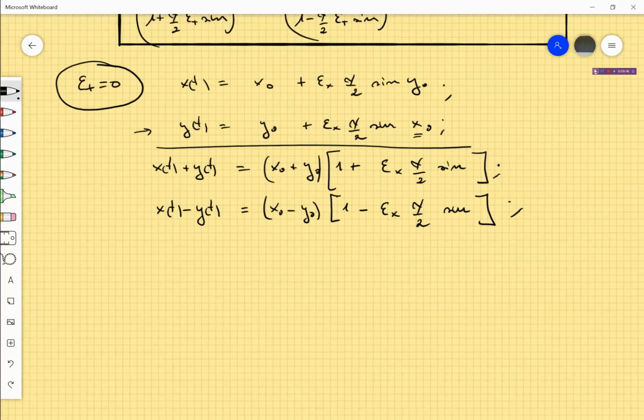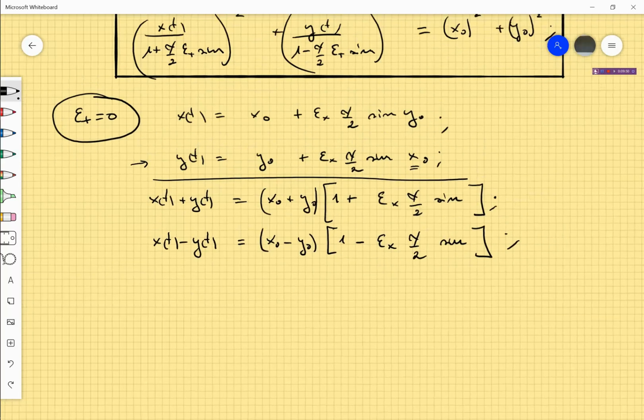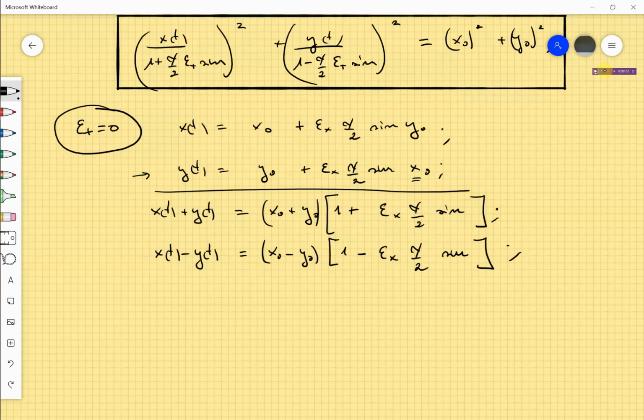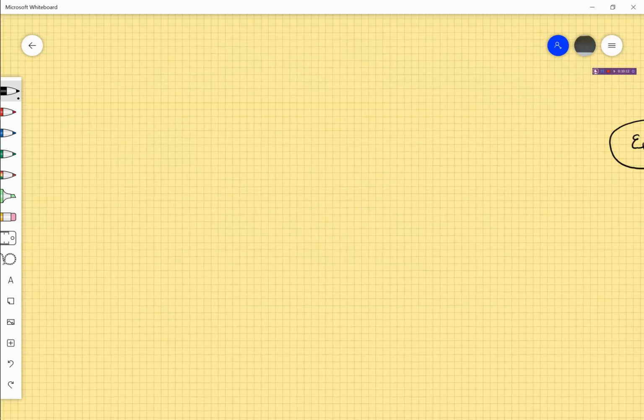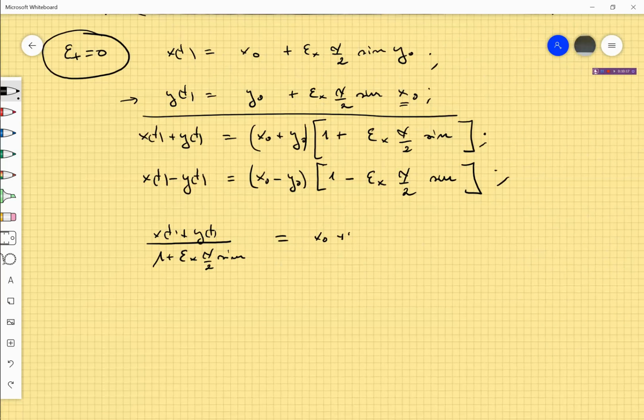Okay, and now that I have these two equations, I do the same as I did before, but for these two combinations, I divide by this whole thing, so I get x of t plus y of t divided by 1 plus epsilon x chi over 2 and this sine, equal to x0 plus y0.